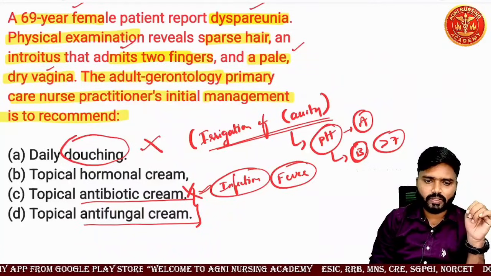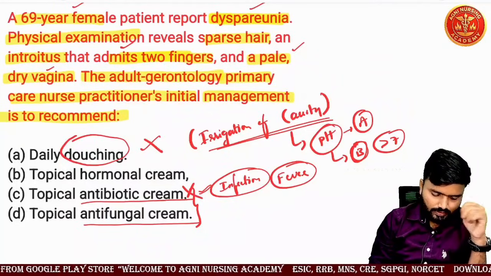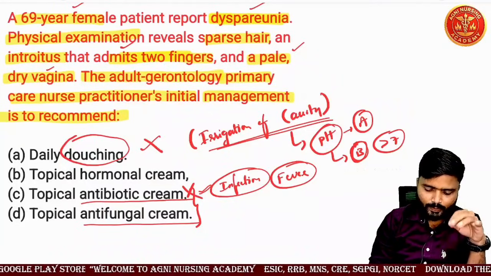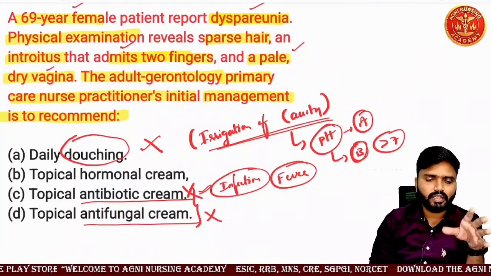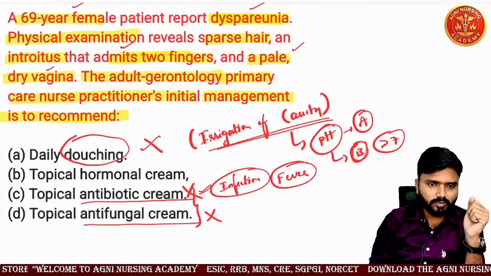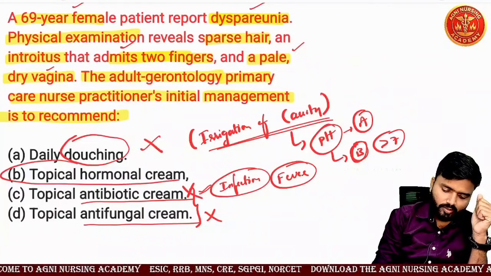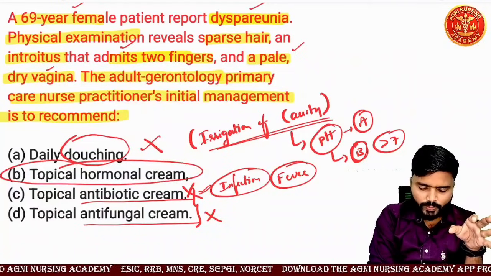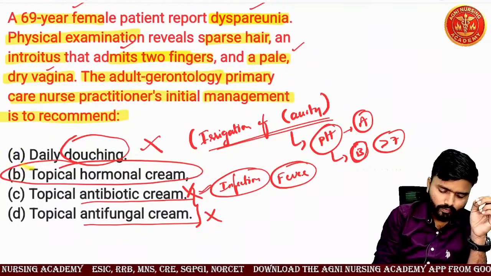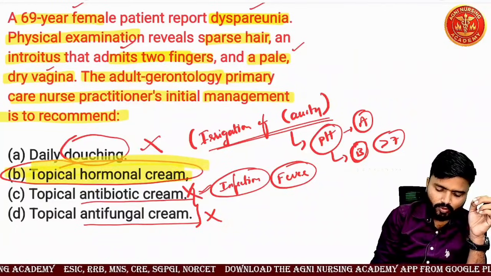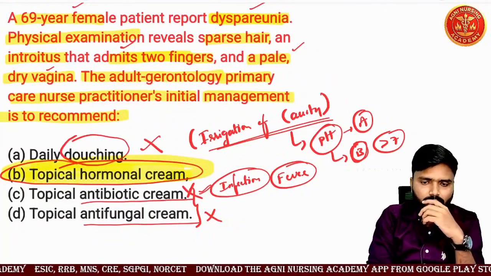Option C is wrong. The last one, topical antifungal cream, is also not indicated, as there are no signs and symptoms related to fungal infection. The only remaining option is topical hormonal cream, so that is the right answer for this question.